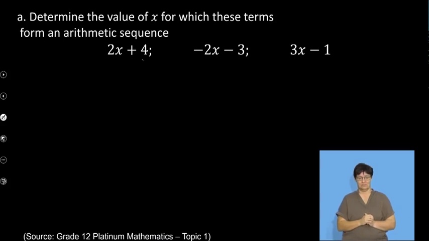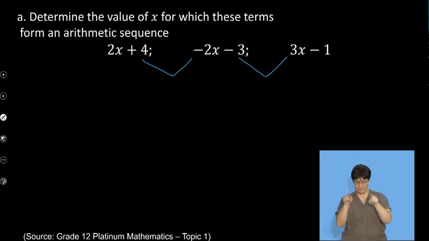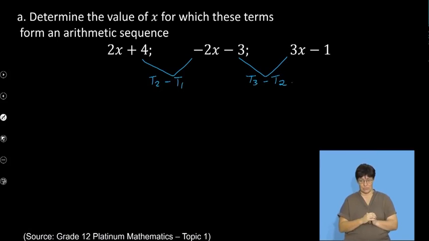So, between these 2 terms, if I were to calculate the common difference, we know that I can say term 2 minus term 1, and I can say term 3 minus term 2. So if I say term 2 minus term 1, I'm going to have negative 2x minus 3.